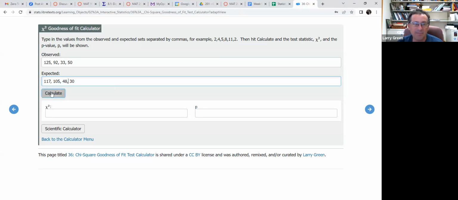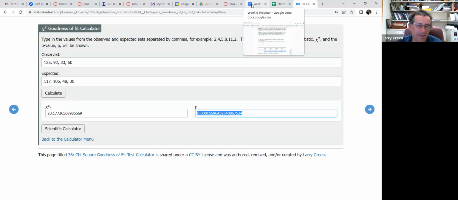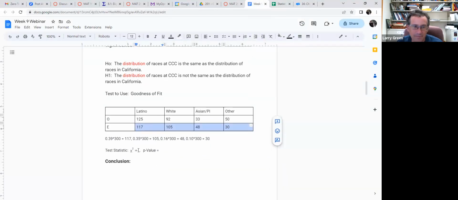Okay. Next step, hit calculate. Okay. And our test statistic is chi-squared. And this number about 20.2 or so. Our p-value is right here, 0.00016 or so. So let's write that down, 20.177 for our chi-squared.